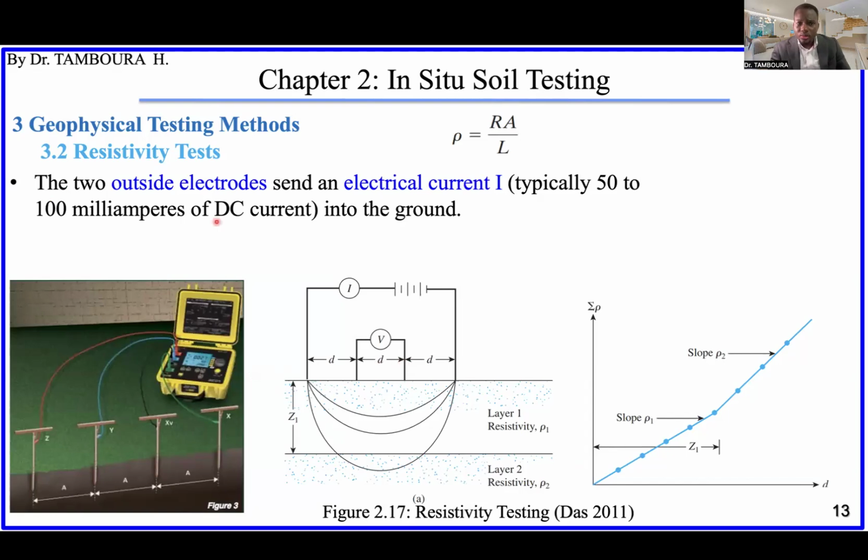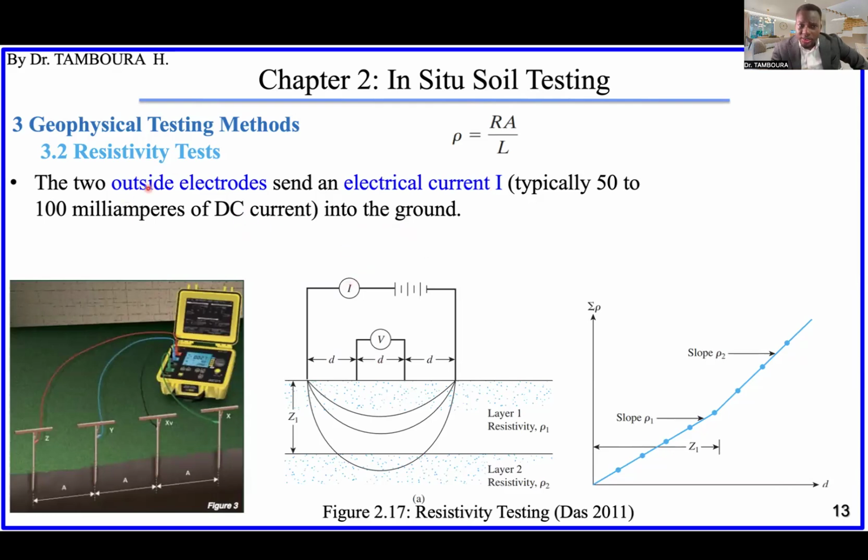So the two outside electrodes send electrical current, okay? The current will be sent here. The current is typically between 50 and 100 milliamperes, DC current, not AC current, not alternating current.